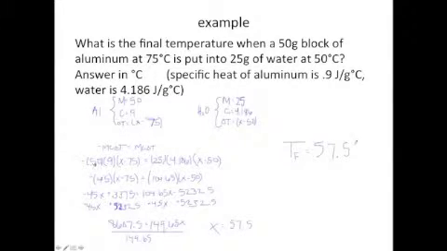And so I just put all the numbers in right here for aluminum and then water, and then I just multiplied that 50 by 0.9 to make it easier, and the 25 times 4.186, and then I distributed that 45 to x and the 45 to 75 and the 104.65 to x and to 50, and so that's what we got.